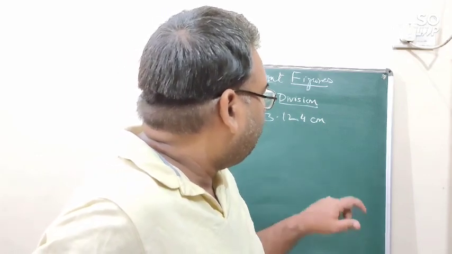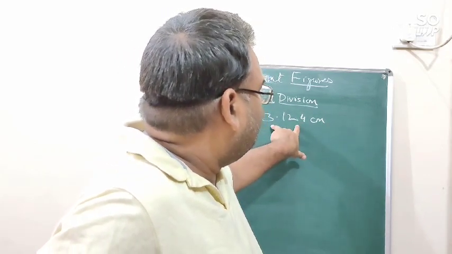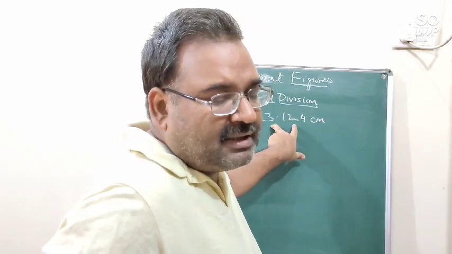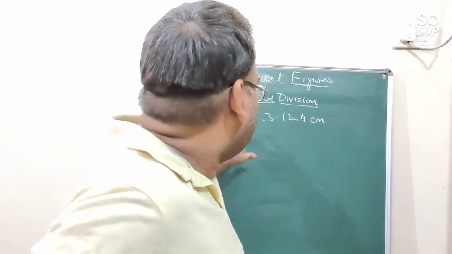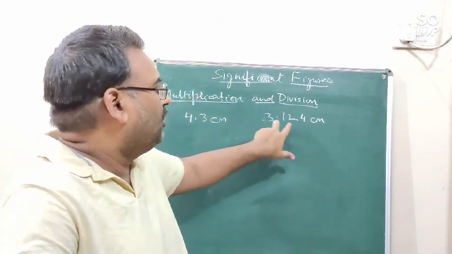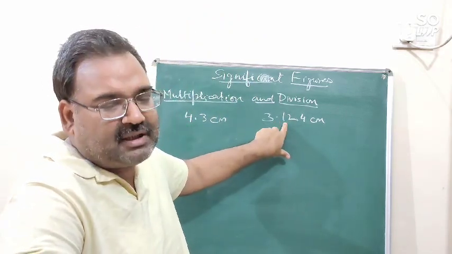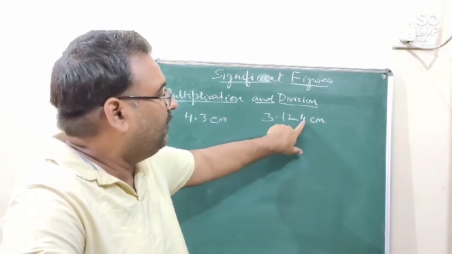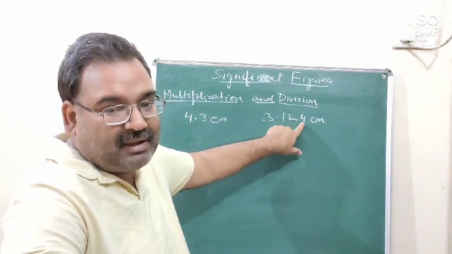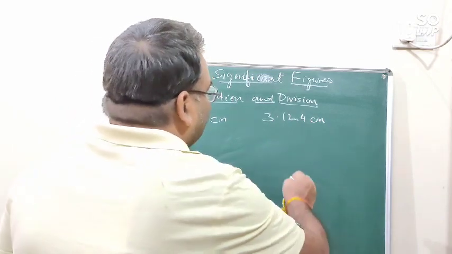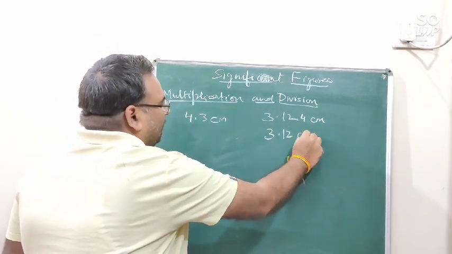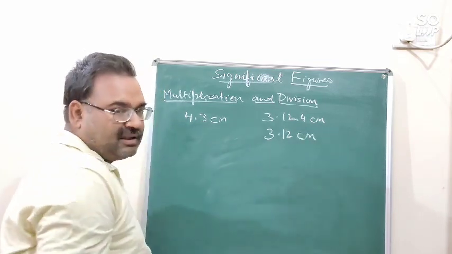We round off the number to one more than the least number of significant figures. अगर इसमें दो सिग्निफिकेंट फिगर्स है तो इसमें हम तीन सिग्निफिकेंट फिगर्स तक ऐसे राउंड ऑफ कर देंगे. तो यहाँ पर 3.124 है और ये 4, 5 से कम है, तो राउंड ऑफ करने पर ये नंबर क्या आएगा?